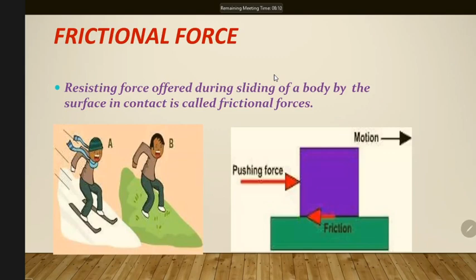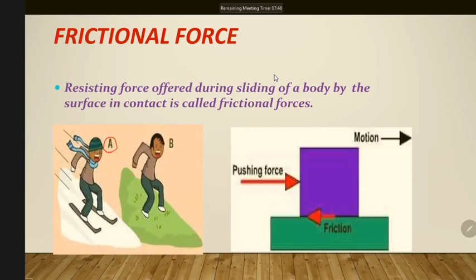But at the same time, you can yourself evaluate that person A will be offered a lesser amount of resistance, right? The lesser amount of frictional force will be applied because there is very little friction between snow and his skates.